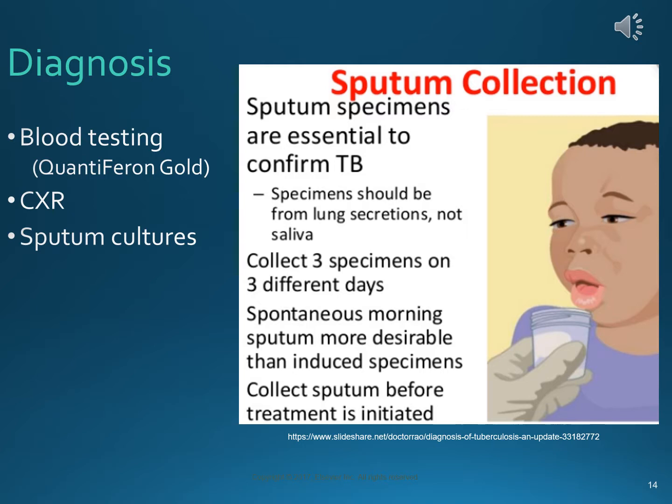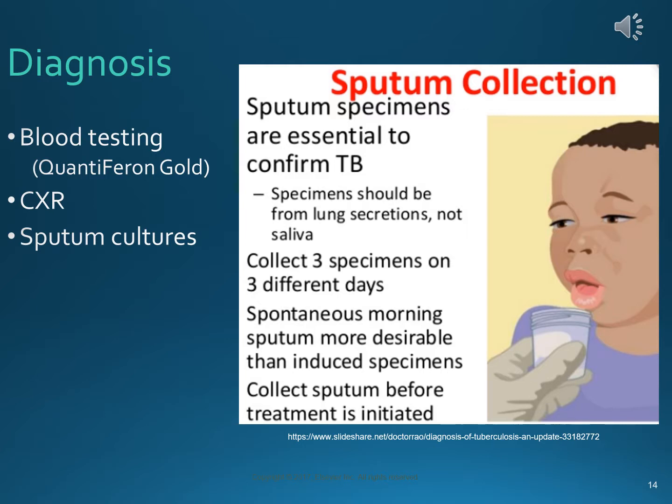Sputum specimens are essential to confirm the presence of TB. Specimens should be from lung secretions and not from saliva. So refer back to the respiratory diagnostics lecture that I did and talk about how to get a good specimen.